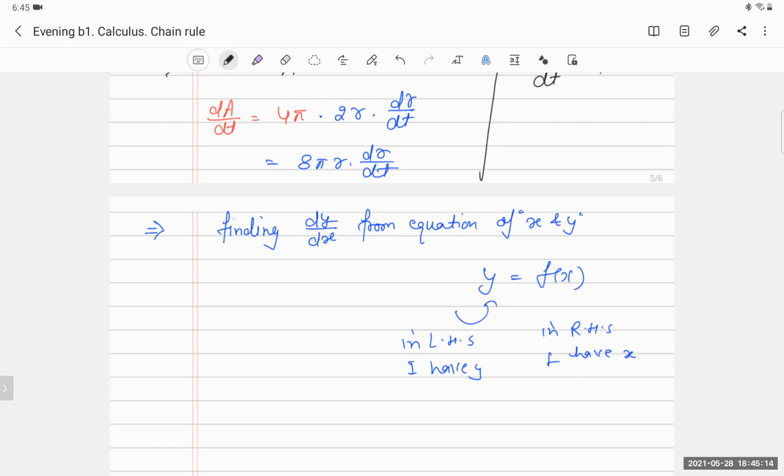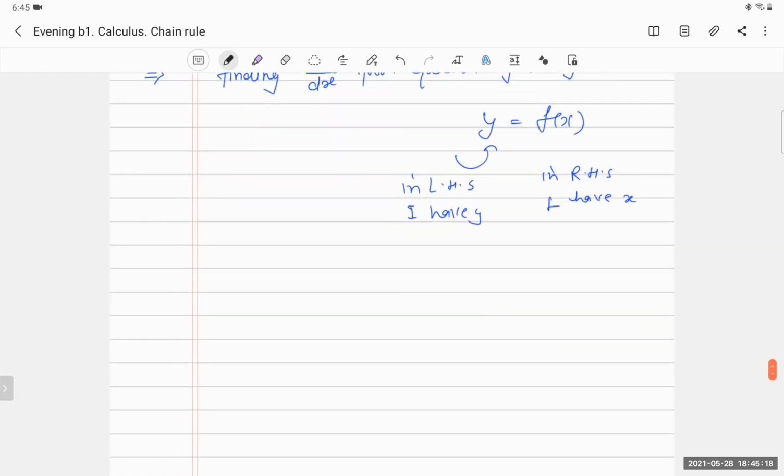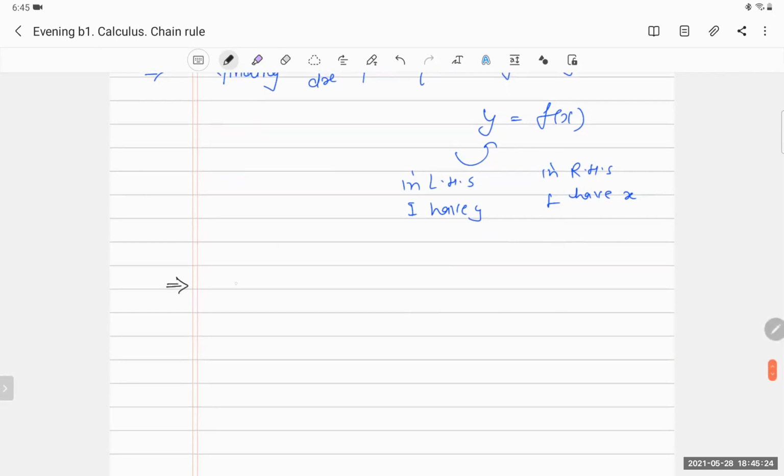Yes, sir. Okay, so suppose I give you some equation and the equation is a complicated one, not an easy one, like x square plus y square equal to 2xy. See, here there is x, there also x, here y, there also y, and you are asked to find dy by dx.